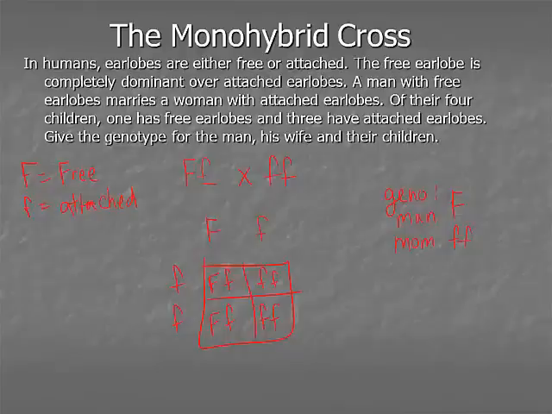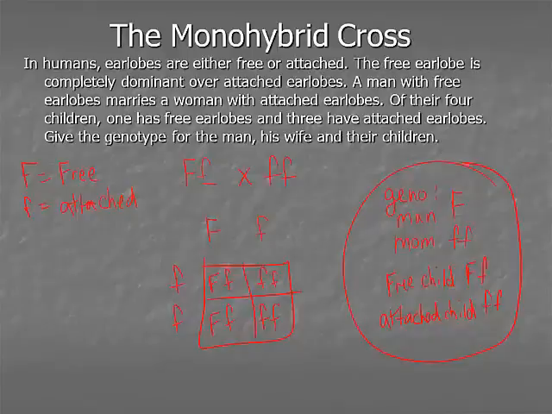What this means is that the children who have free earlobes are heterozygous for the trait, and the children who have attached earlobes are homozygous recessive.